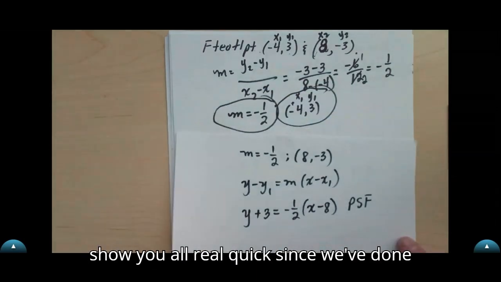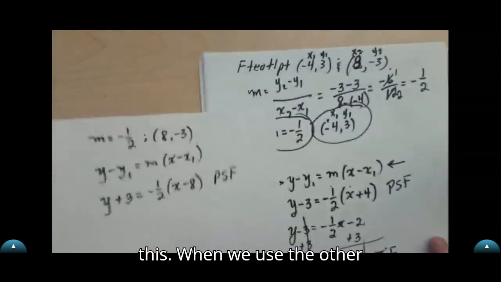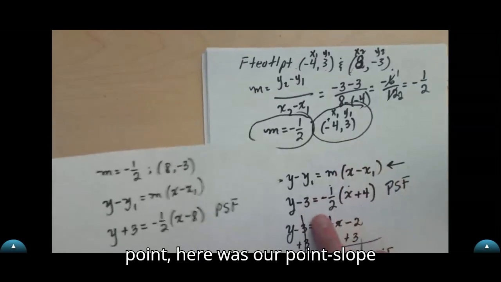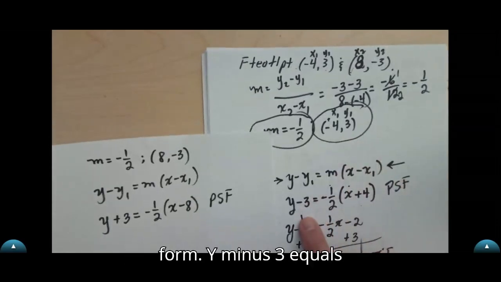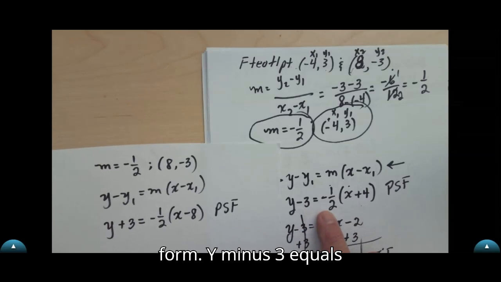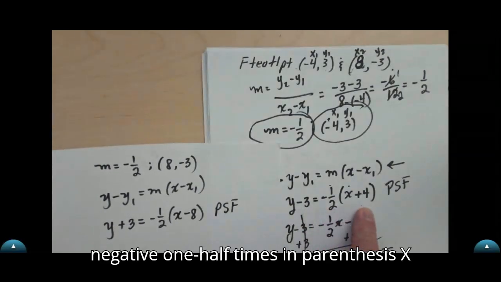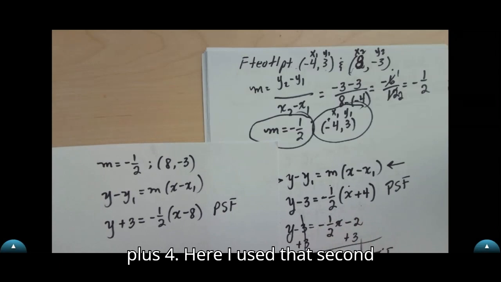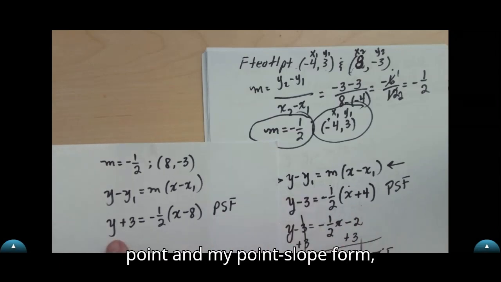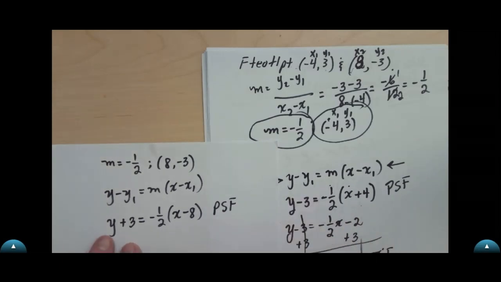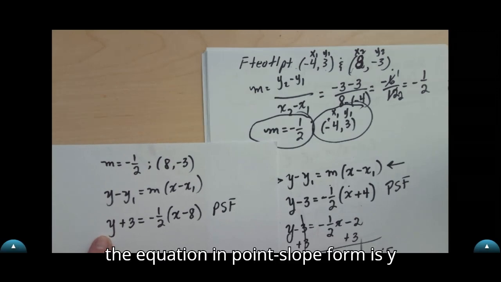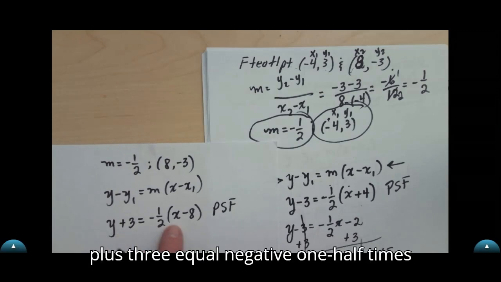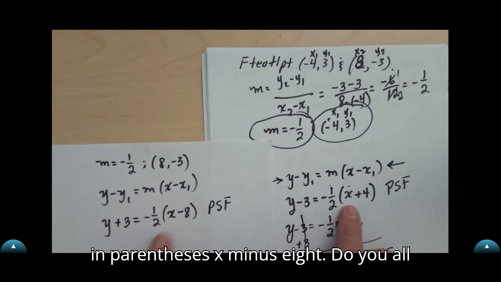Now, something I want to show y'all real quick since we've done this. When we use the other point, here was our point slope form: y minus 3 equals -1/2 times in parentheses x plus 4. Here I used that second point, and the equation in point slope form is y plus 3 equals -1/2 times in parentheses x minus 8.